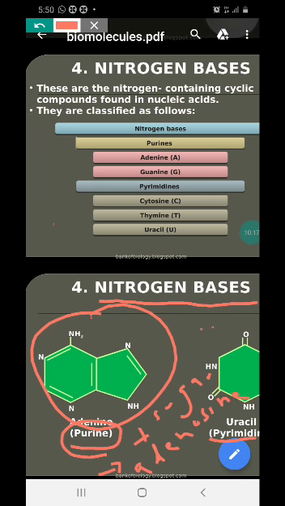In the same way, uracil plus sugar gives uridine. Thymine plus sugar gives thymidine. And plus phosphate will give rise to adenylic acid, uridylic acid, thymidylic acid, like that.